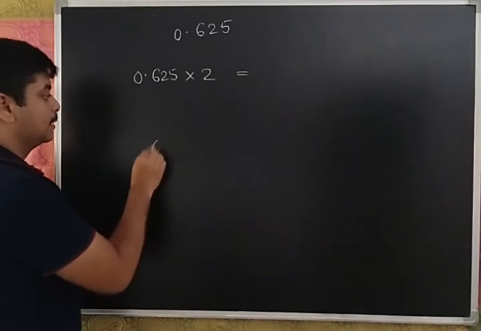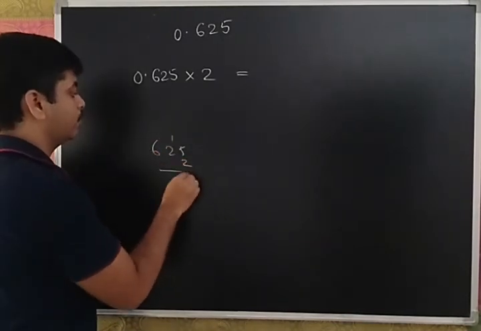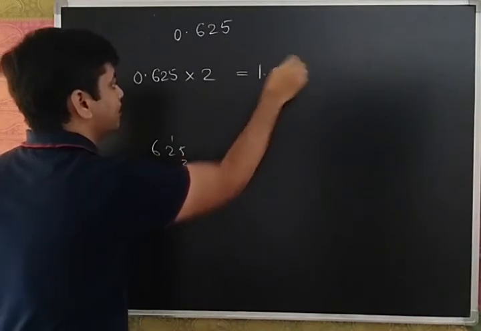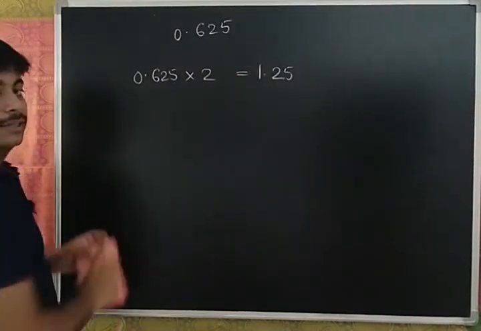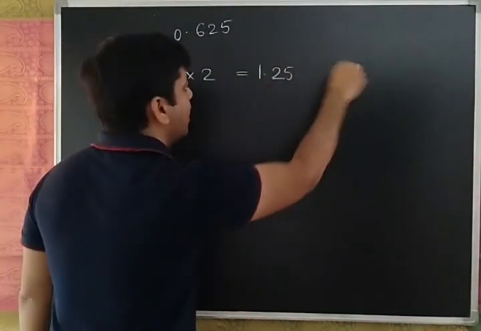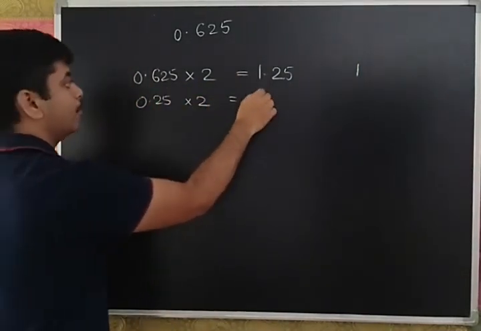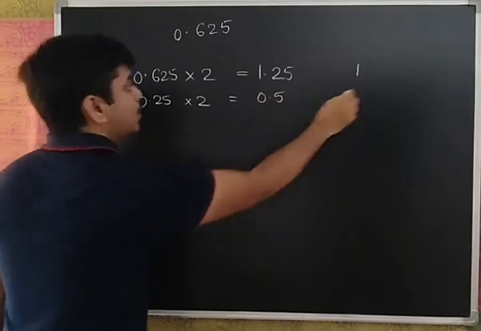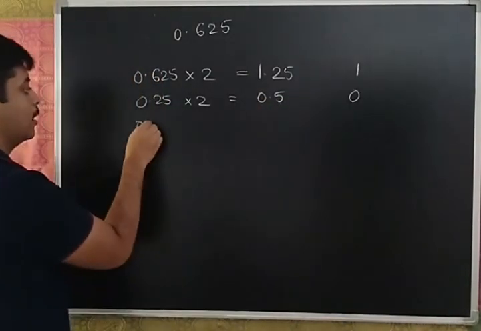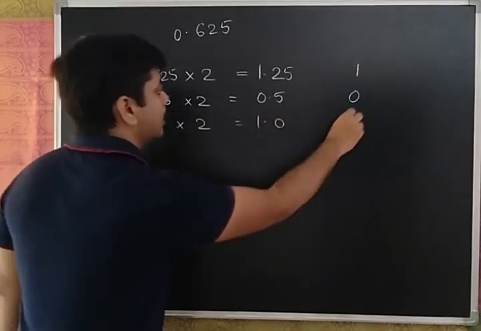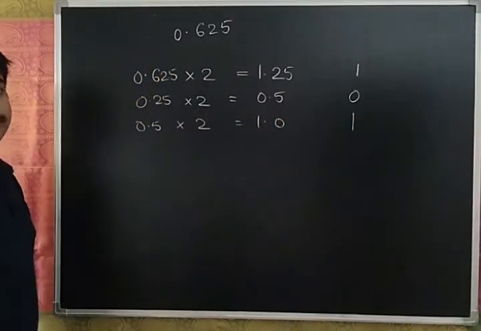What is it? 5 2s are 10, 2 2s are 4, 5, 6 2s are 12. So it is 1.25. Write that significant figure, that is 1 here, and 0.25 here. 0.25 into 2 will give you 0.5. Write this 0 here and this 0.5 here. 0.5 into 2 will give you 1.0. Write that 1 here and you can stop there.